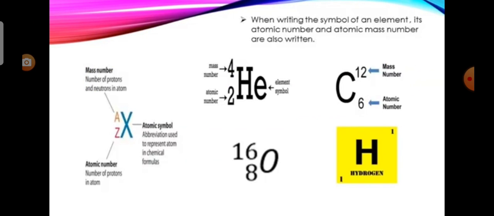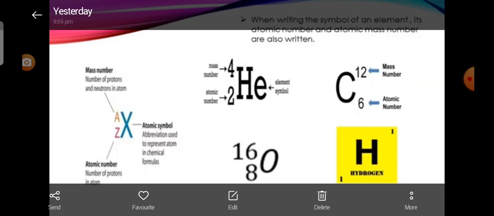When writing the symbol of an element, its atomic number and atomic mass number are also written. For example, helium. When we write the atomic symbol, we write the atomic number in the subscript and the mass number in superscript.